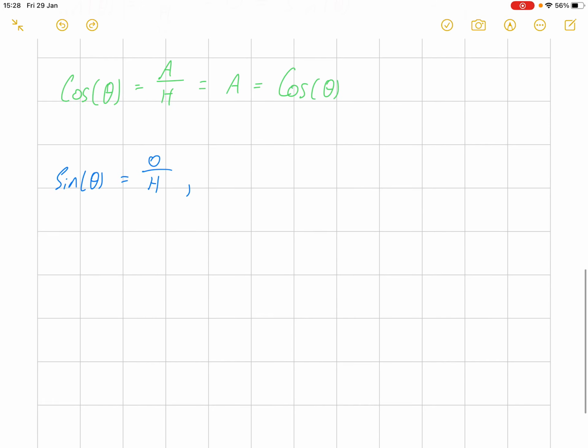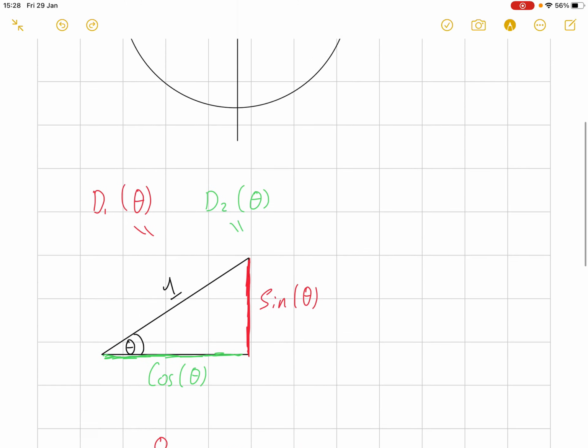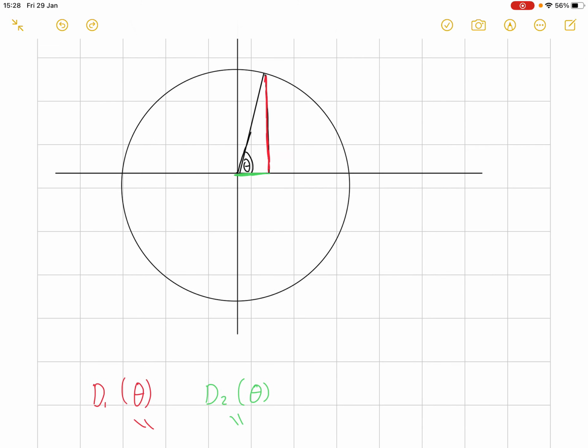If we scale this triangle up, we'll choose some scale factor, let's choose alpha. Alpha times O divided by alpha times h. Alpha times h is easy to see because h is the hypotenuse and also the radius.